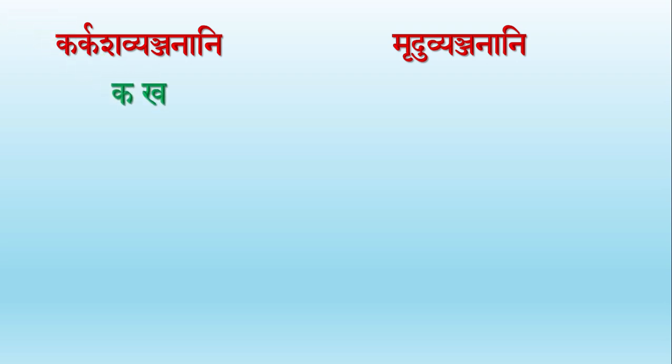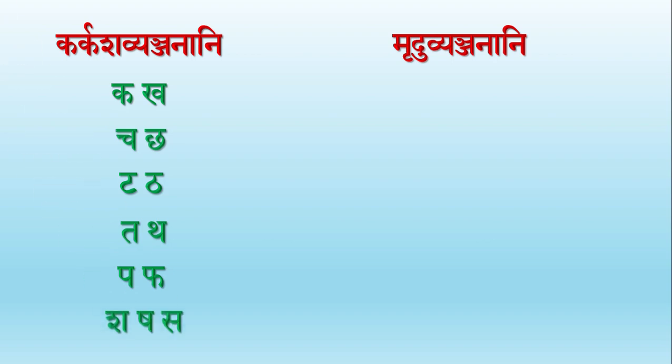They are Ka, Kha, Cha, Chha, Ta, Tha, Ta, Tha, Pa, Pha from all the Vargas. And among the Avargiya Vyanjanaksharani, the letters Sha, Sha and Sa belong to the family of Karkasha Vyanjanaksharani.